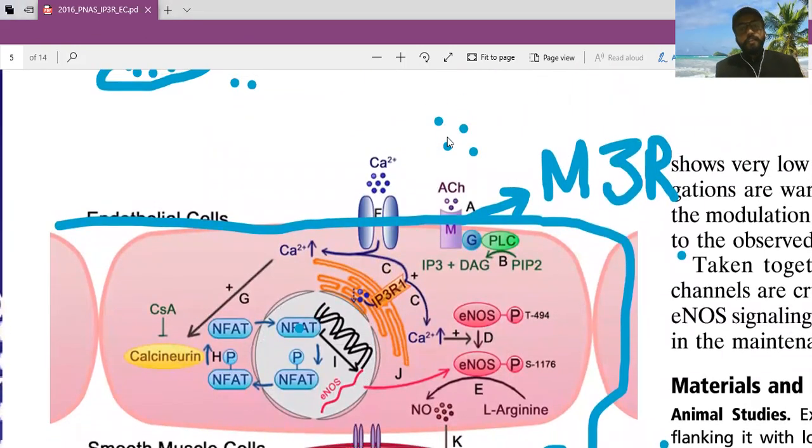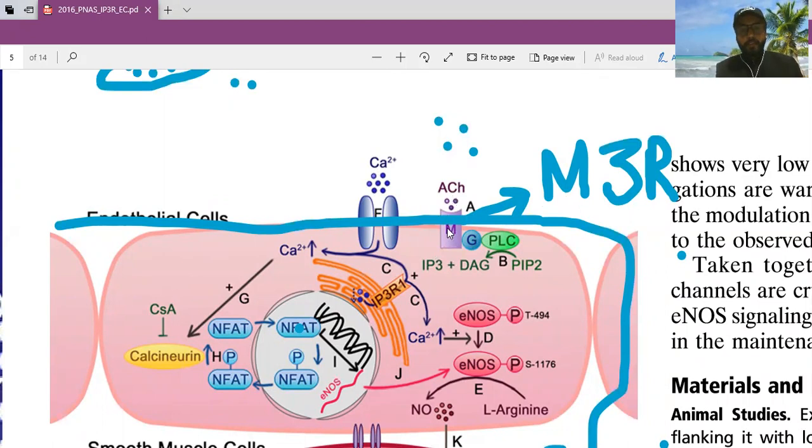Let's suppose this is the acetylcholine. Acetylcholine, which we administered from an external source, activates the M3 receptors, which are present on the endothelium of the blood vessel. So these are the M3 receptors.